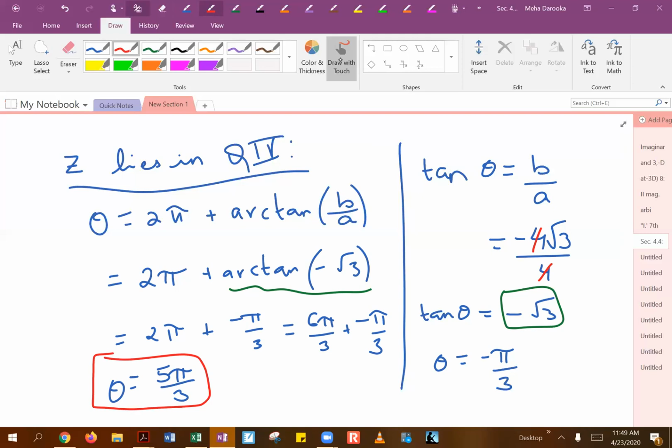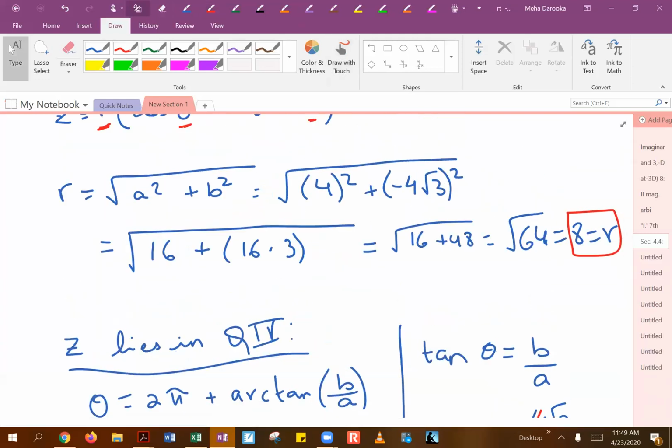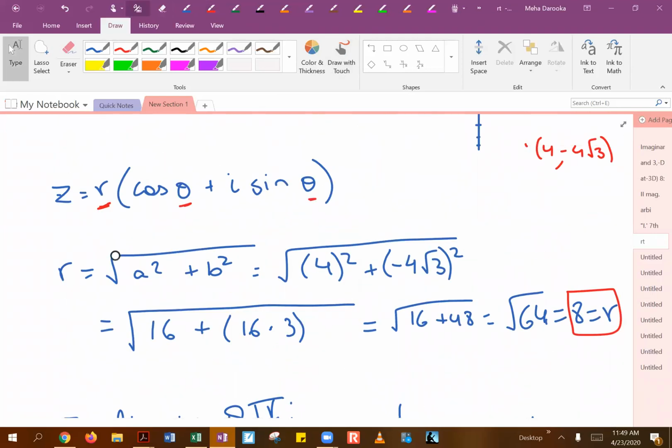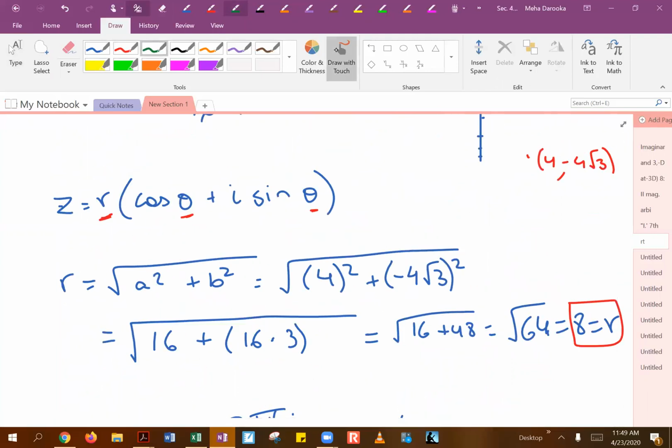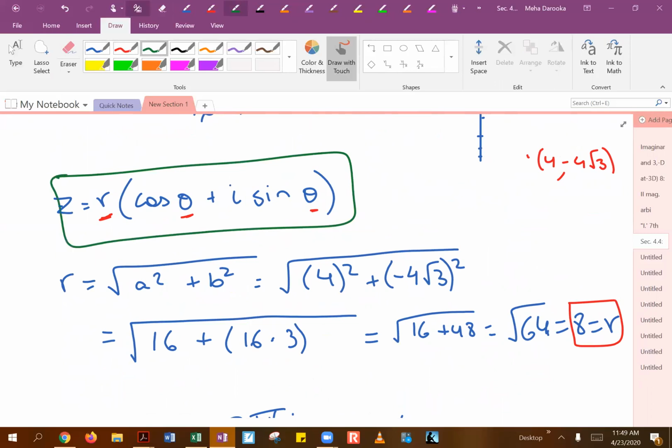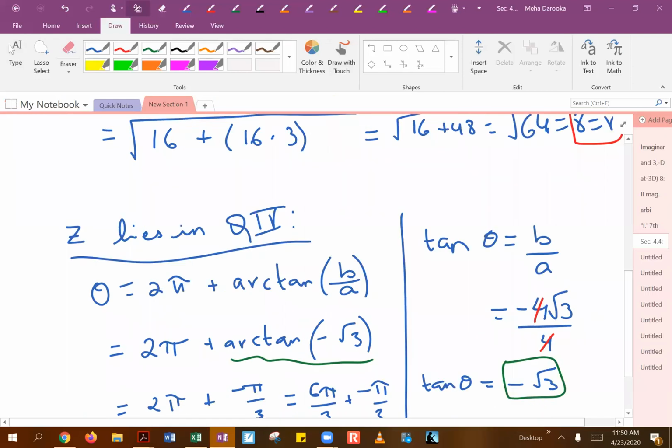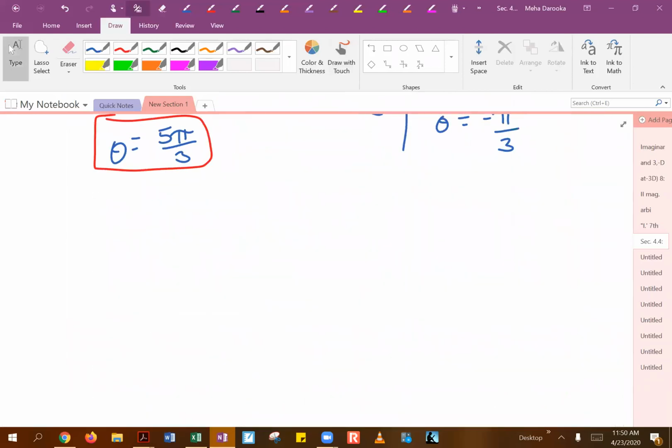So now that we have both the r value and the theta value, you just have to put it in this format over here for z in the trigonometric form of the complex number. So our 8 equals r, and then we've got our theta over here.